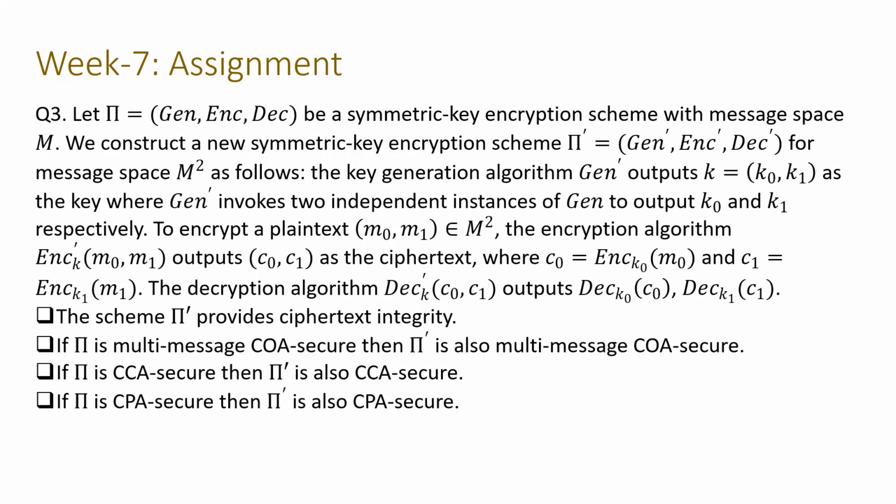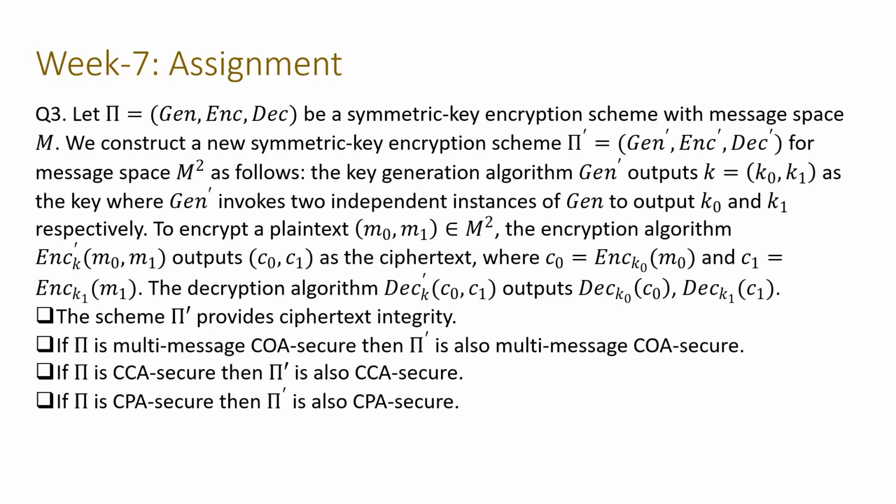Now, in the case of PIDAS, it is the same scenario. It's just that you are seeing two sets of ciphertext. One is with respect to key K0 and another set of ciphertexts of different messages with respect to key K1. So the adversary is getting to see ciphertext with respect to two different keys, nothing else.